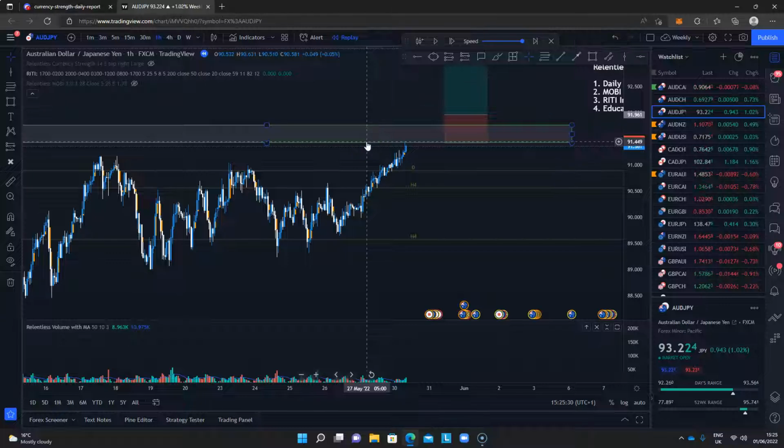Now I'm not going to go into detail explaining why I've got this area marked up, because that's something that is available for our private members, where I go into more detail on how I've identified this key level and what I'm expecting to happen from here. So my bias in this area, knowing the currency strength report and the fundamentals that we've researched over the weekend and the last couple of weeks, is that we think the yen's losing a bit of value and a bit of strength.